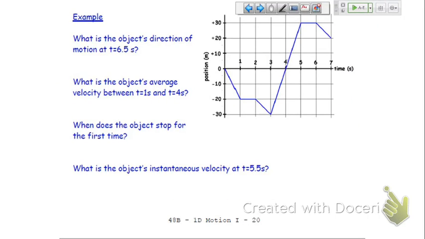So what is the object's direction of motion at t equals 6.5 seconds? Position versus time, okay. What is it? Negative, because it's a negative slope. In this graph, that means the velocity is negative. What is the object's average velocity between 1 and 4 seconds? So you go there, and 1 and 4 seconds, you go there.